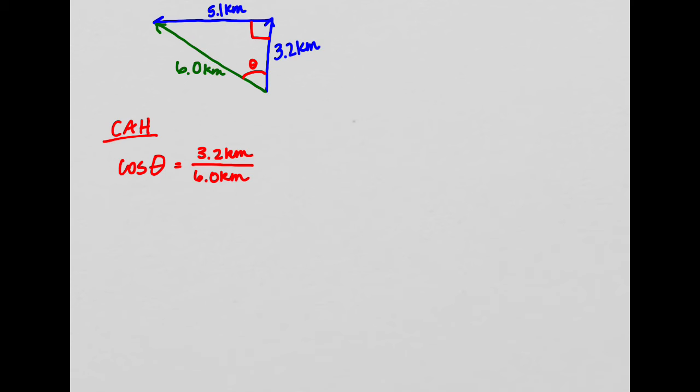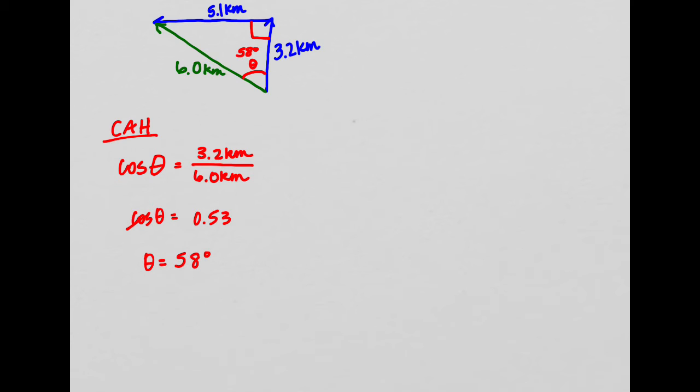And I get that cosine of theta is equal to 0.53. Then if I take the inverse cosine of both sides, I cancel out and I get that theta equals the inverse cosine of 0.53, which is 58 degrees. So theta here is 58 degrees.